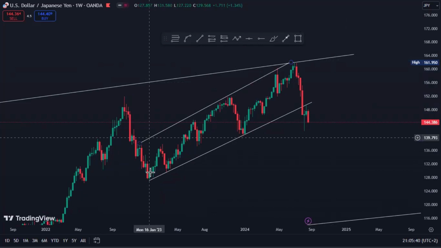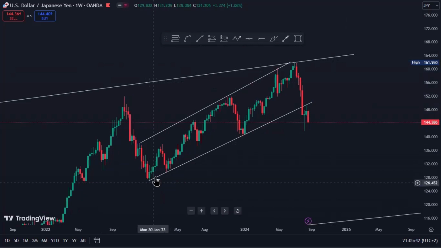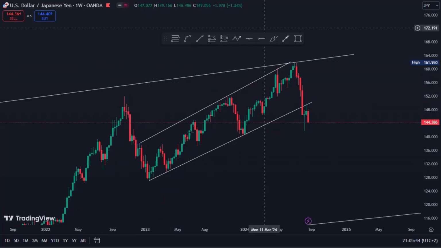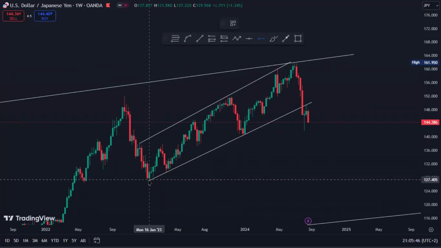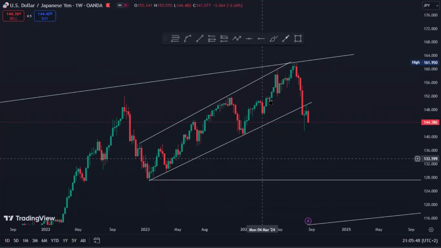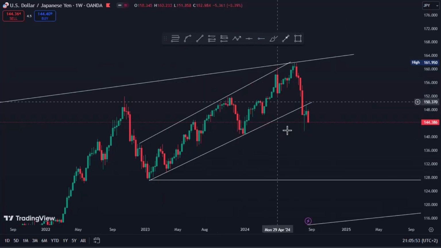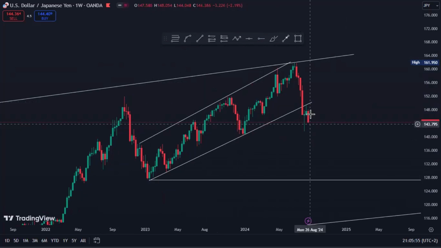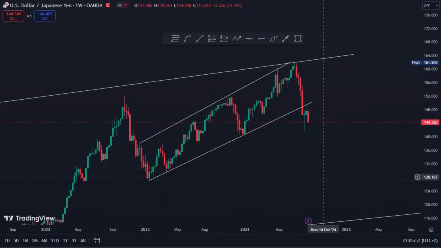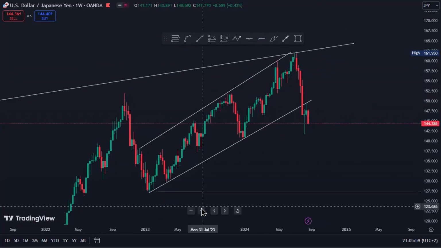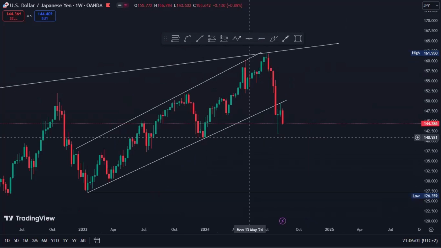Because of this, we're going to identify the zone, which is the 90% rule of this correction. When you see something like this and the market breaks this channel, the market must come here and complete the 90% rule, meaning we are still going to go down with USDJPY.